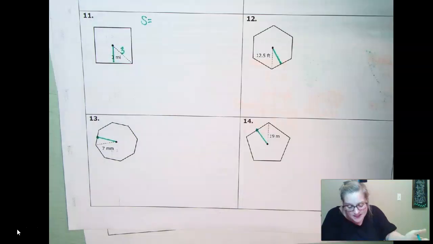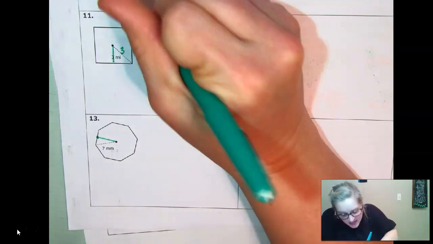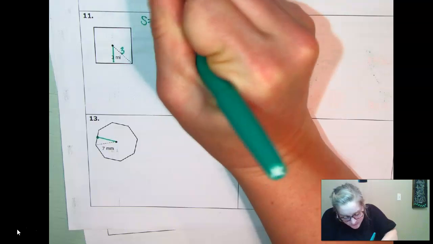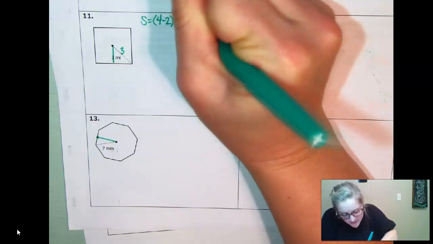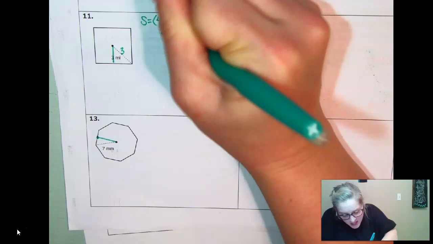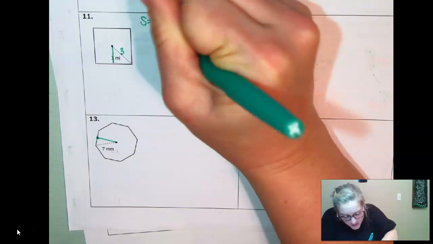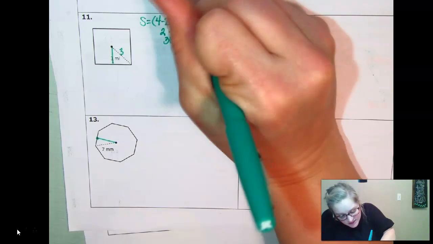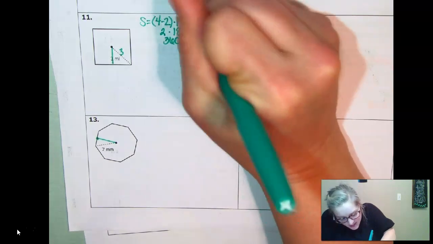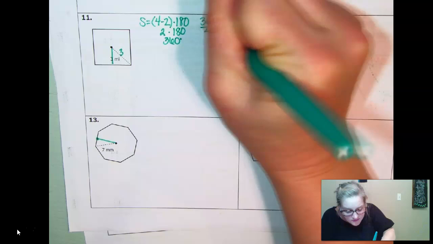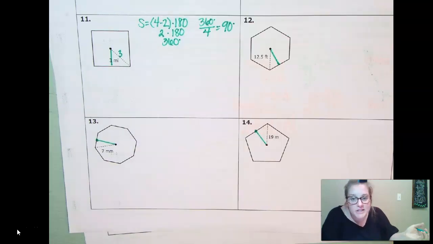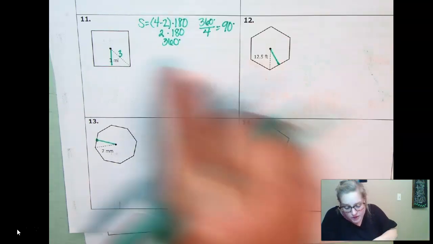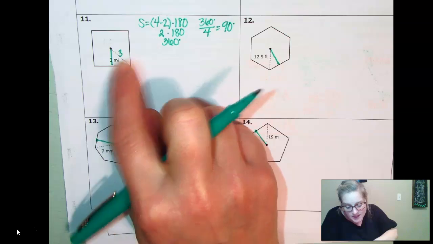To find the sum, you do the sides minus 2 times 180. So that's 2 times 180, which means this whole thing has 360 degrees in it. You take that 360, divide by 4, which gives us 90.